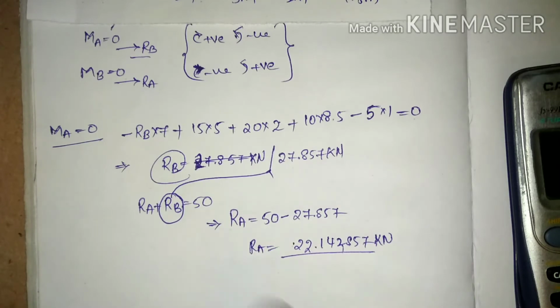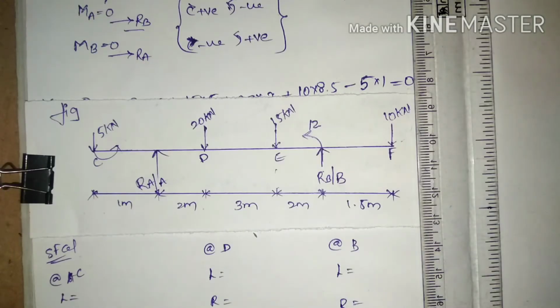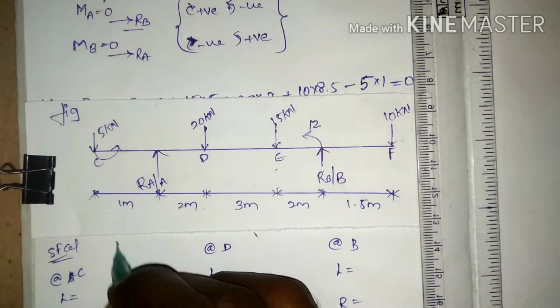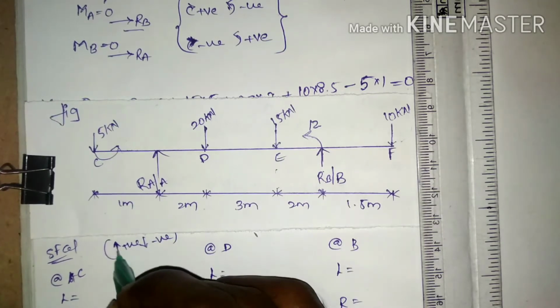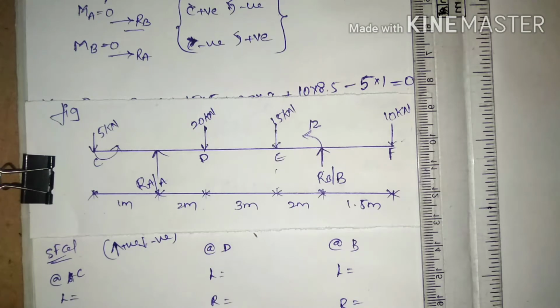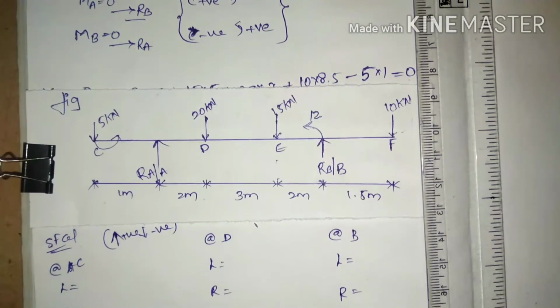Next, by these RA and RB, we are going to find the shear force calculations at points and supports. Let's see the shear force calculation. We have a sign convention that upward should be positive and downward will be negative. Just follow these sign conventions while doing the shear force calculation.